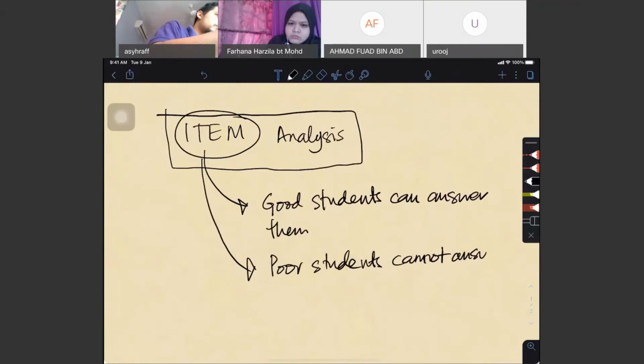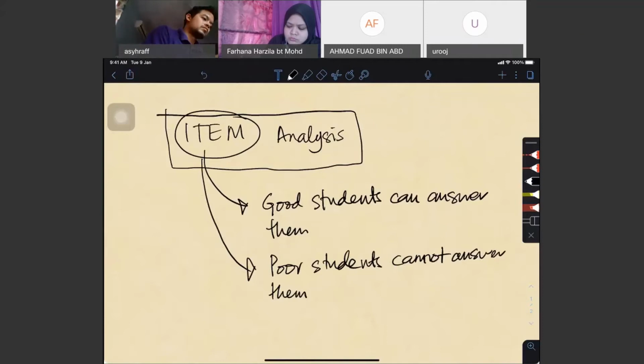That's the underlying thinking. Whether it's correct or not, that's another thing, but for item analysis, that's what we are looking for. Good means high performing, those who get high marks, not just for that particular question, but for the overall exam.